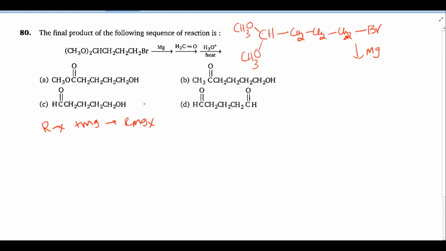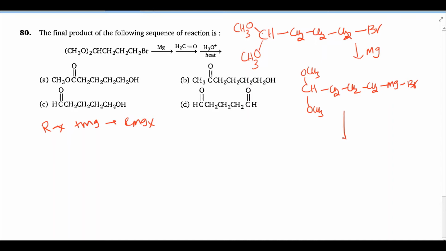So this is also the same thing. Here you can see RX and Mg, then this is the product: CHO, CH3, O, CH3, CH2, CH2, CH2 MgBr. So this is the Grignard reagent, RMgX.